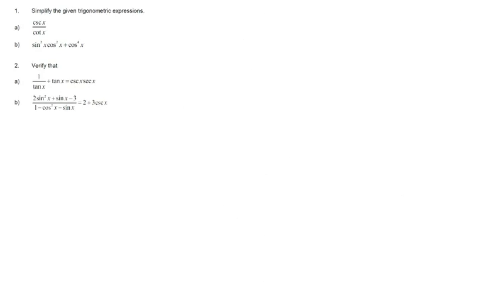For question 2, we have to verify that this side is equal to this side. So we can choose either left or right. Let's say I choose the left side. So for A, I choose the left side, so 1 over tangent x plus tangent x.